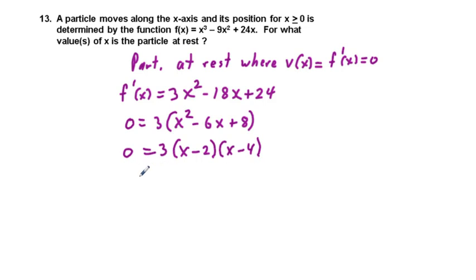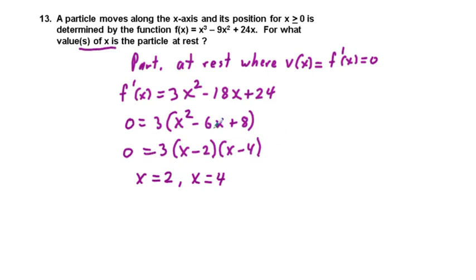So to solve this equation, it's going to be x equals 2 and x equals 4. So for what values of x? We've answered the question at this point, so we can move on now to problem 14.